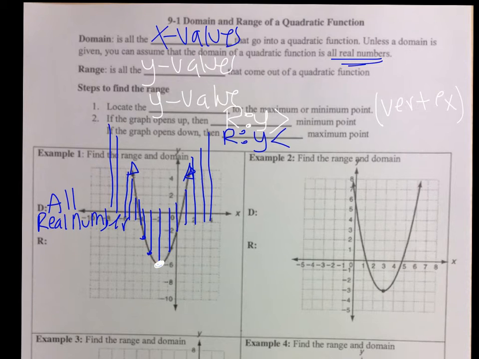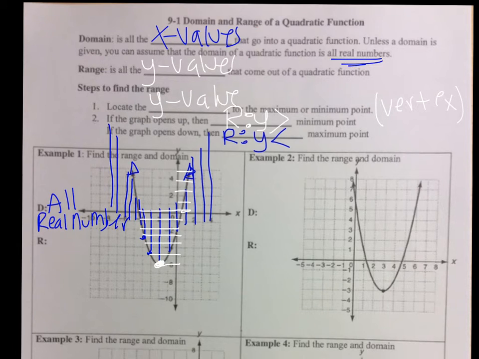So right now, the smallest point, we started at -6. And if we continue to go up the parabola on both sides, we end up at -5, -4, -3, -2, -1, 0, 1, 2, 3, 4.